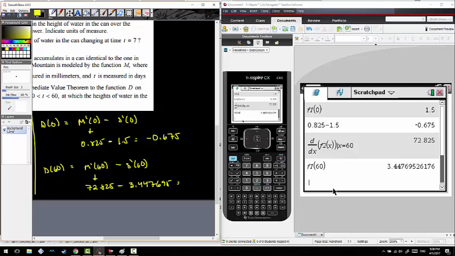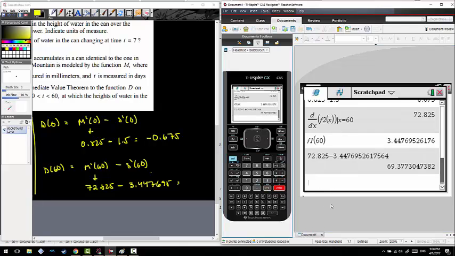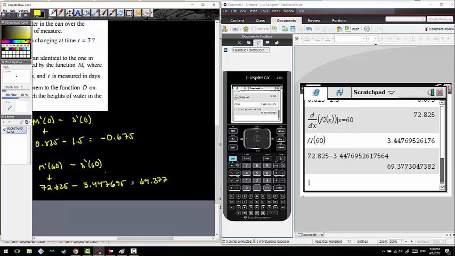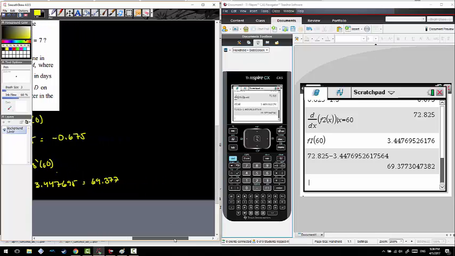So if I subtract those two values, 72.825 minus answer, I get 69.377. So, what does this mean? Well, I've got a continuous function that is at one point below the x-axis and at one point above the x-axis. So, how can I use IVT to justify that?